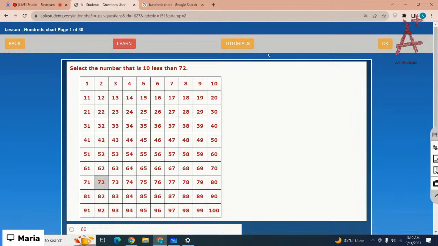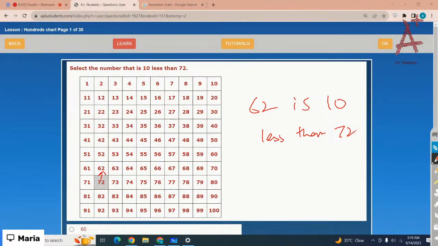When you move one square up, you are here on 62, right? So 62 is 10 less than 72, right? The correct option is 62.